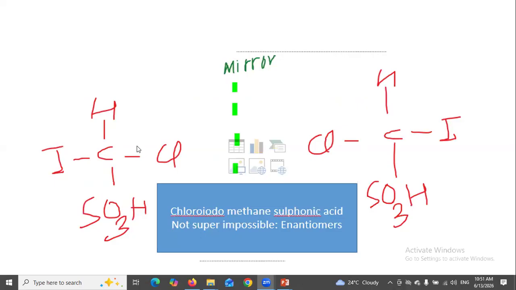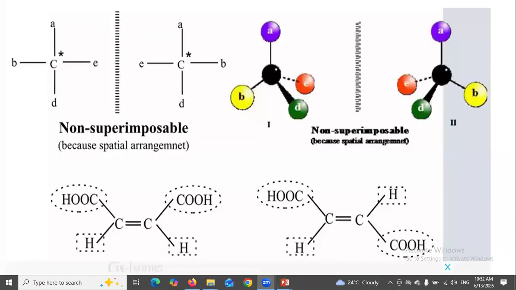It does not fit exactly on its mirror image, so it is chiral and non-superimposable, an enantiomer.